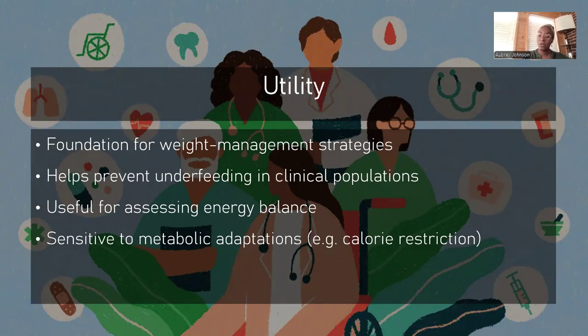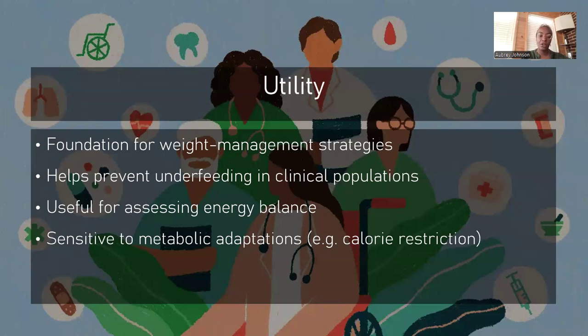What this means is if you come to the hospital and you're going to be there for a while, a couple weeks, maybe a month or two, which is unfortunate, the staff need to know the bare minimum of how much you need so they do not underfeed you within that hospital setting. It is also important to note that they don't want to overfeed you as well. So knowing your resting metabolic rate really does help in those situations.